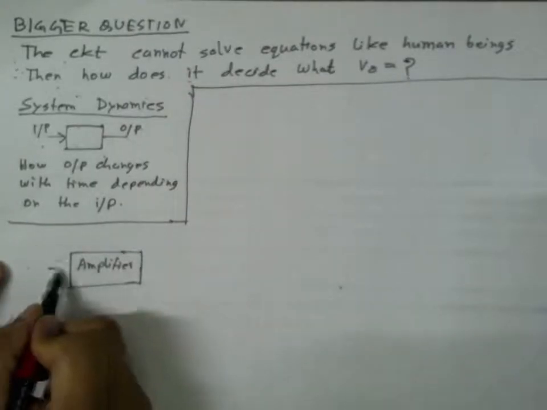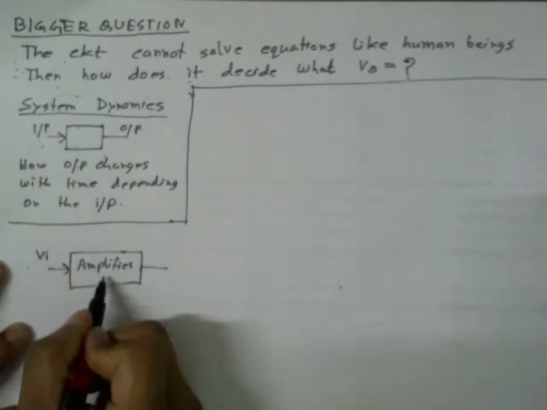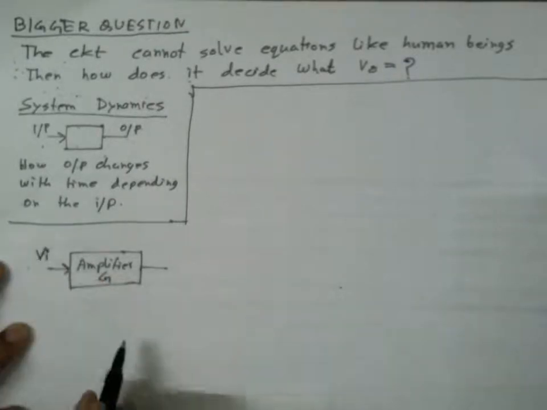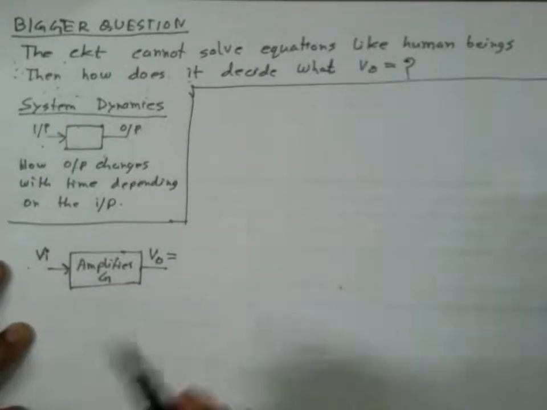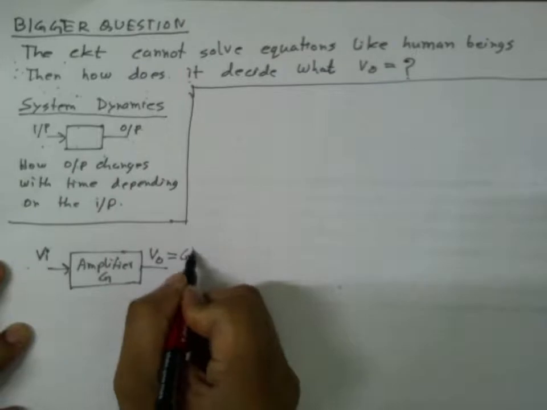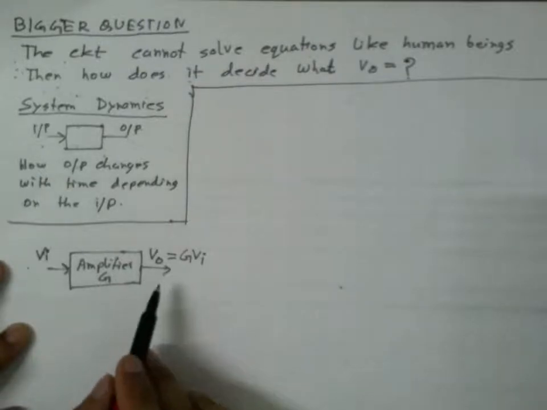If I give some input, say Vi, and this has gain G, eventually, after some time, Vo will become G Vi, gain times the input. Finally it will be.